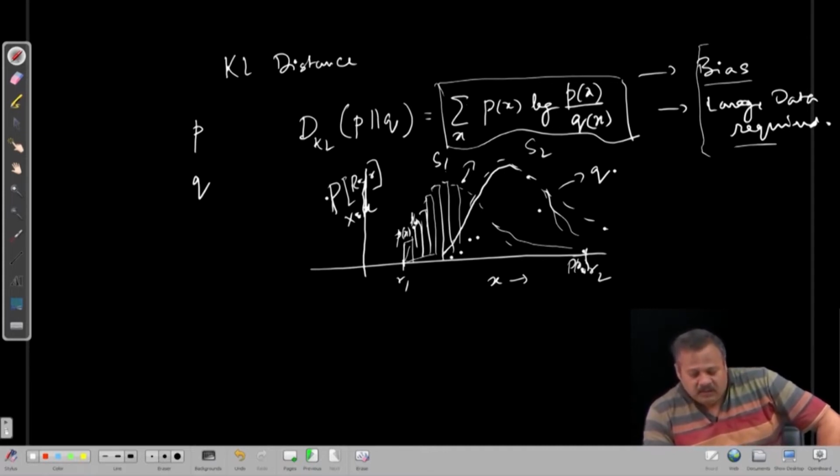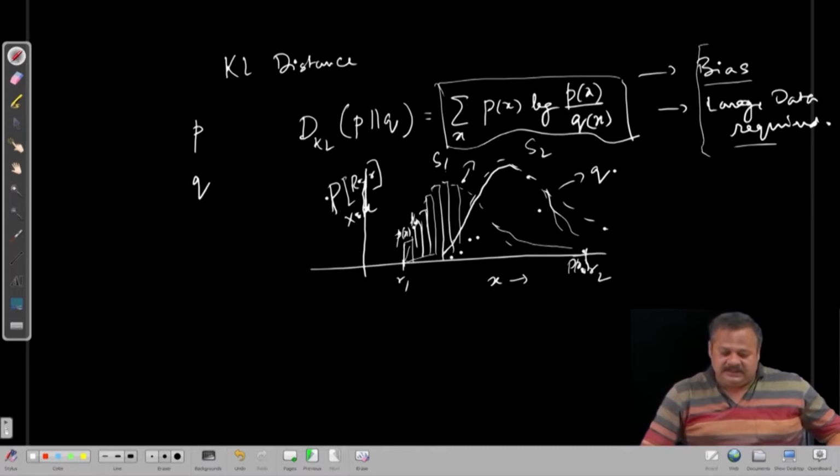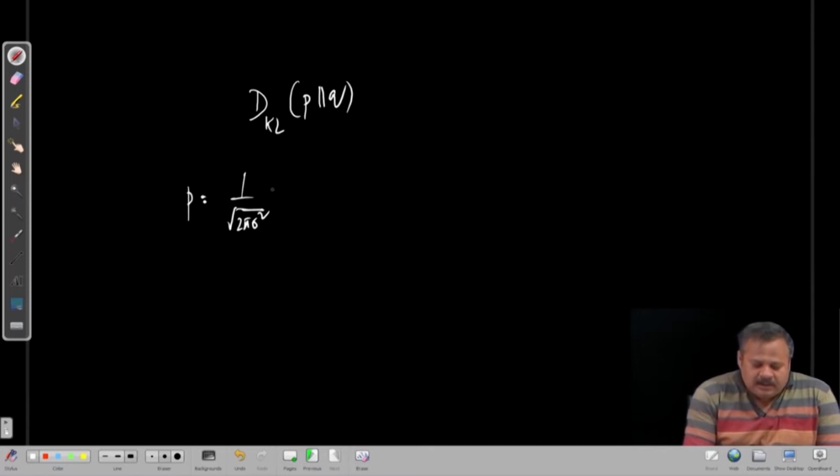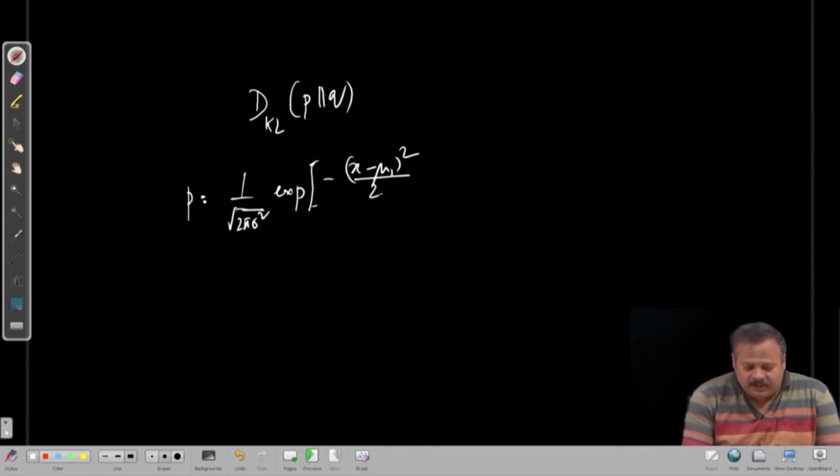So now let us go back and see what the KL distance for our continuous case is going to be if our distributions are indeed Gaussian with two different means and equal standard deviations. So we have D_KL of P and Q. Now P is 1 by square root 2 pi sigma squared, exp of minus (x minus mu 1) squared by 2 sigma squared.